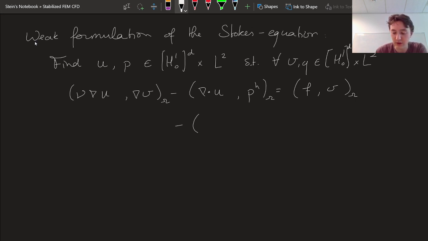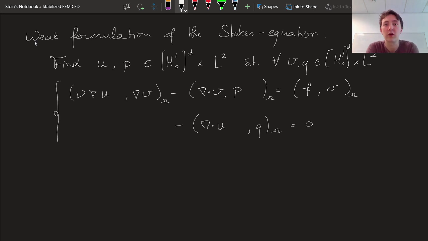And the second line was, sorry, this is a V. The second line was that the divergence of U, comma Q was 0. So this is the weak statement of the Stokes equation.